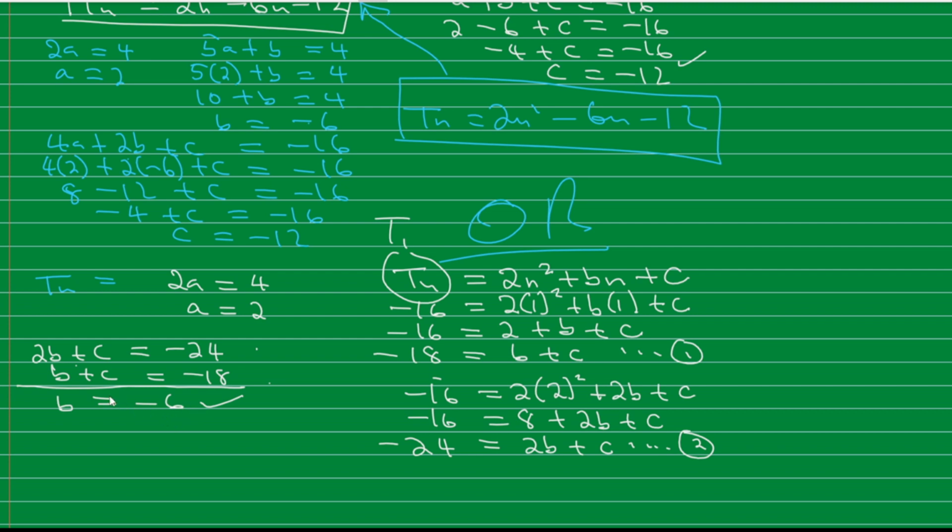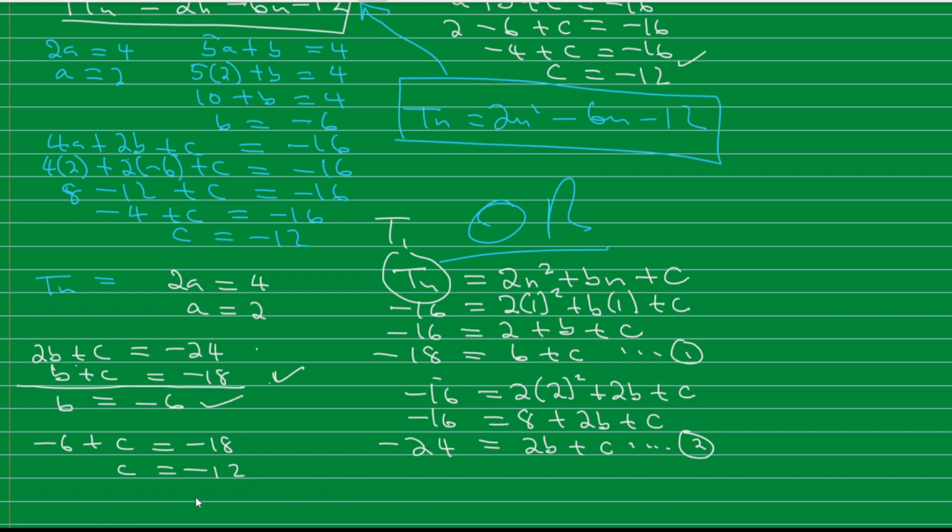Now when you get your b, substitute it in one of the equations. I'll use this one here. So I'm going to say negative 6, that is my b, we just got it, plus c is negative 18. So our c will be negative 18 plus 6, which is negative 12.